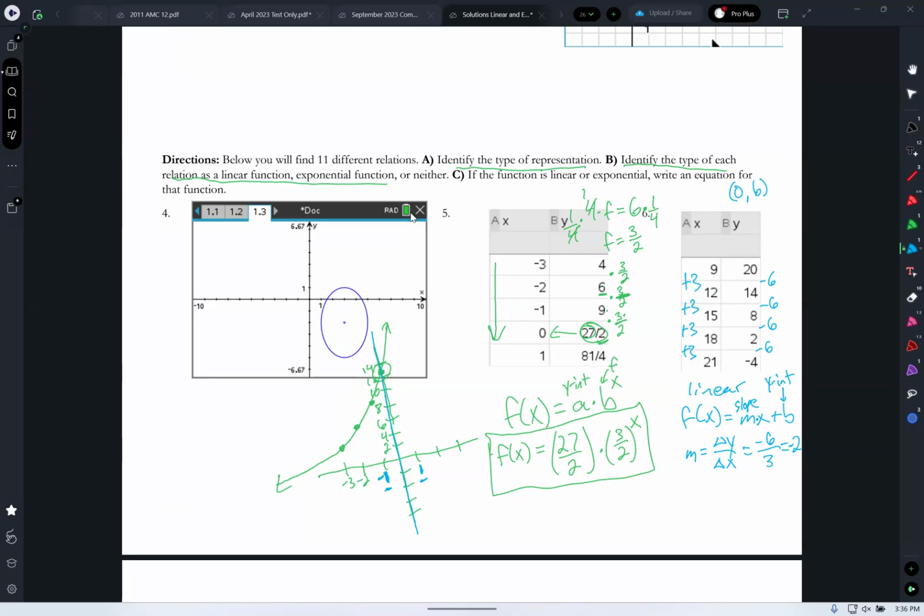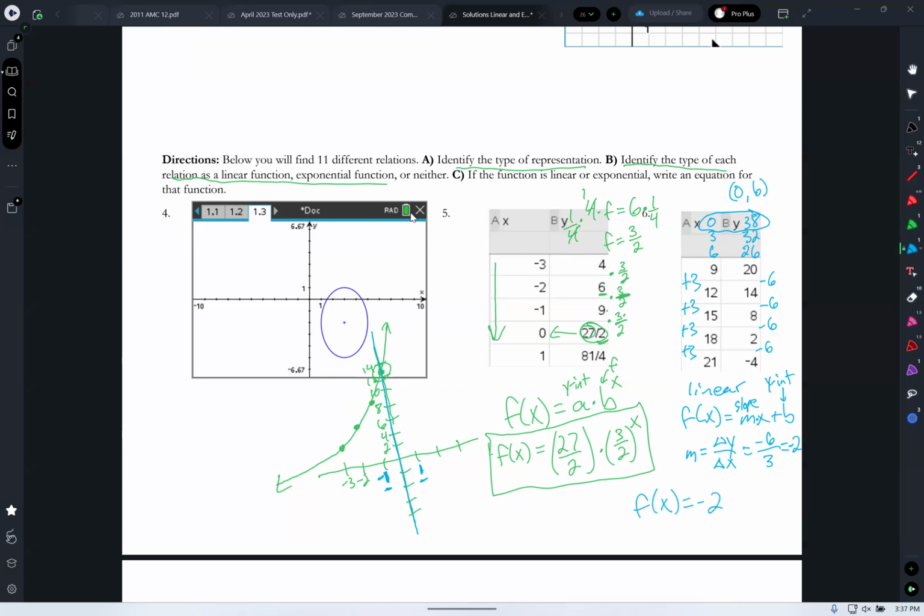Every y-intercept that has ever existed has an input of 0, which I don't see on this table for the linear in number 6, but I can find it because I can keep going backwards by 3 in the x values. And then I'm going to add 6 to the y values to keep going correspondingly. And there's my y-intercept of 38.